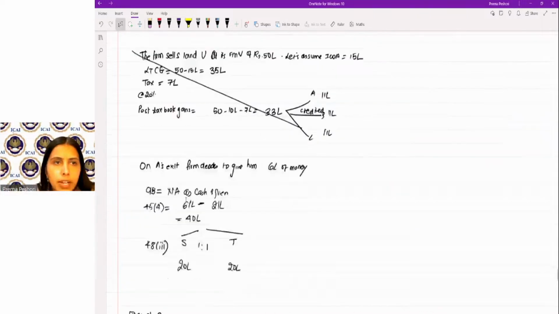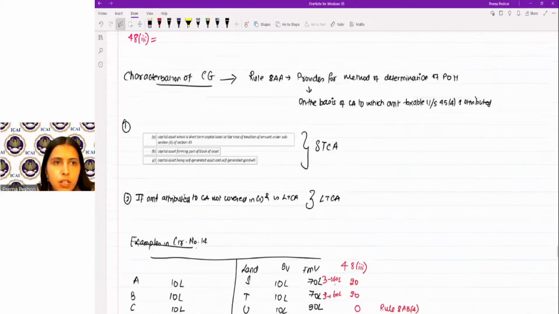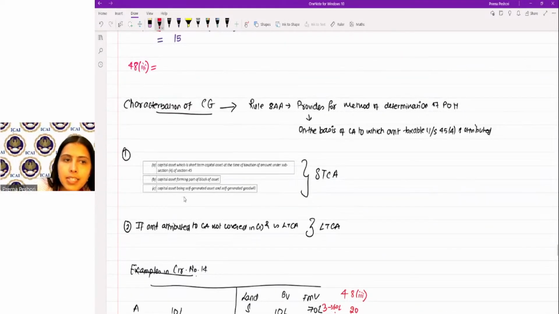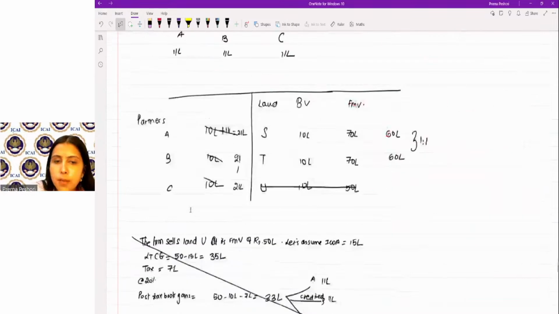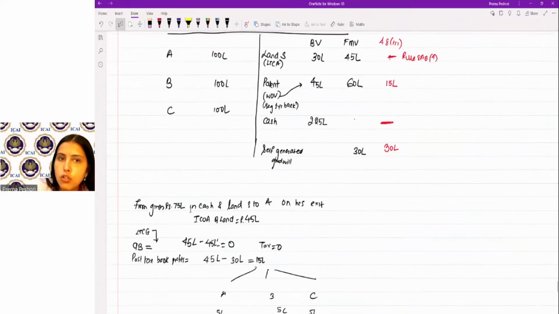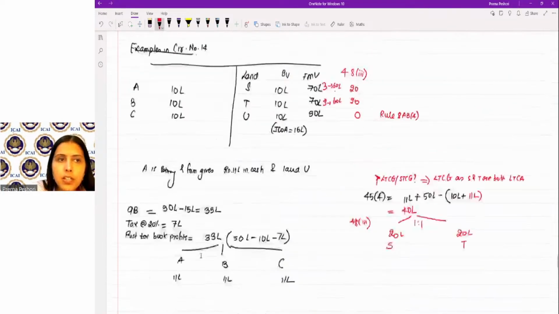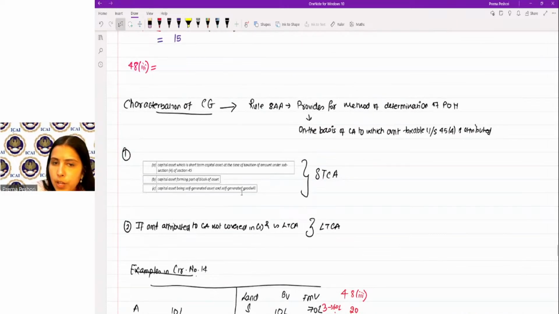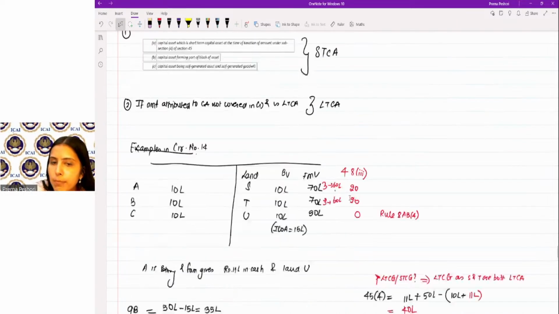So if you see Rule 8AA, what did I tell you? Rule 8AA says if it's a capital asset, which is a short-term capital asset forming part of block of asset. So patent is forming part of block of asset because here if you see it was mentioned as WDV. So which means patent is a depreciable asset, right? Patent is any which way a depreciable asset. And if it is a self-generated goodwill, then it will be deemed to be from transfer of a short-term capital asset.